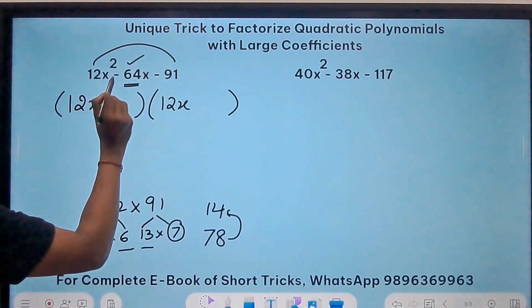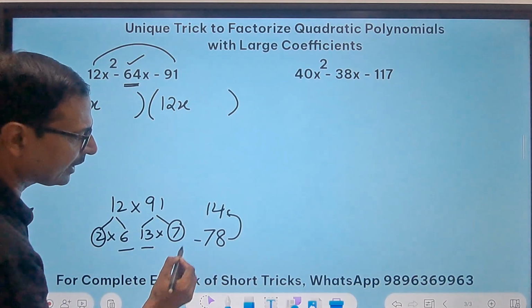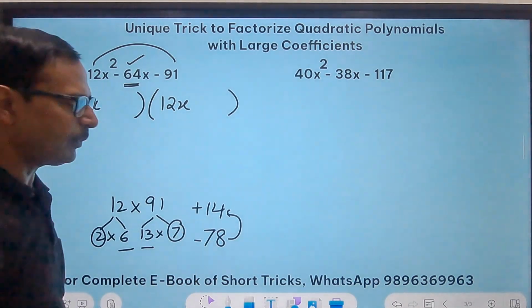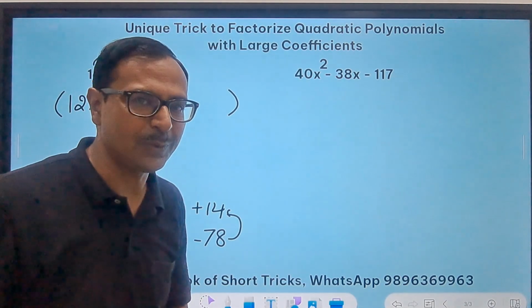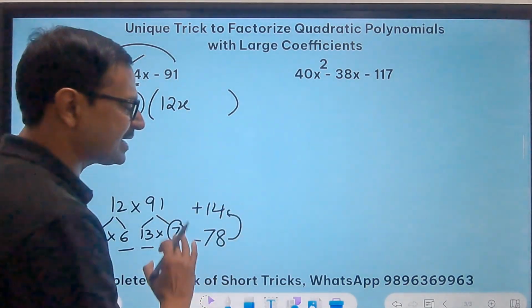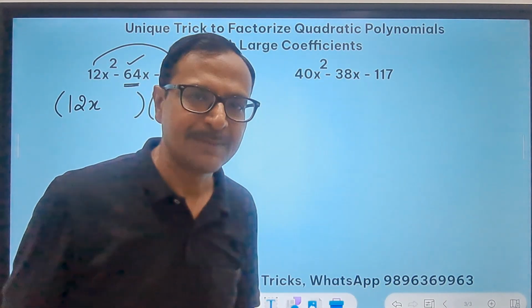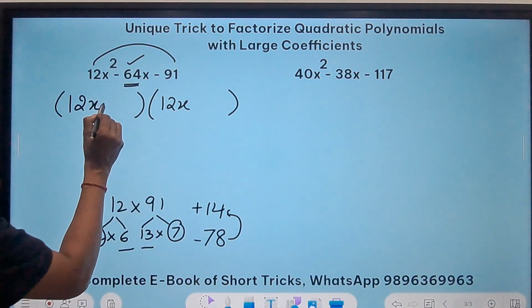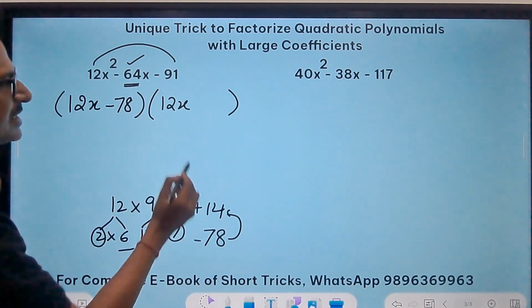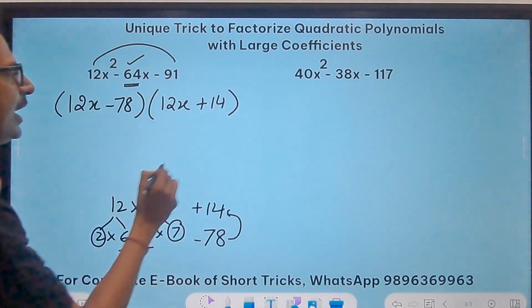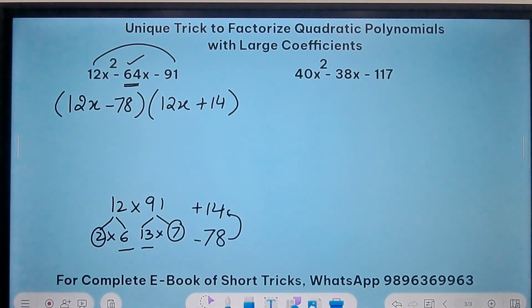And so since this is negative, the larger one will be negative and smaller one will be positive. Now that is the only thing you need to understand here. If you understand this step, then the factorization is not going to consume more than 10 seconds. Okay, so negative 78 and plus 14, and now remove the highest common factor. 12 and 78, I think they are divisible by 6.